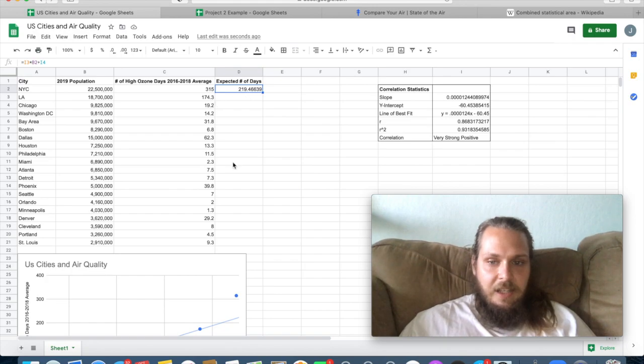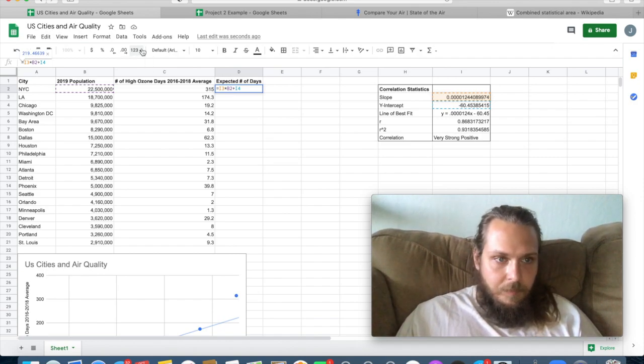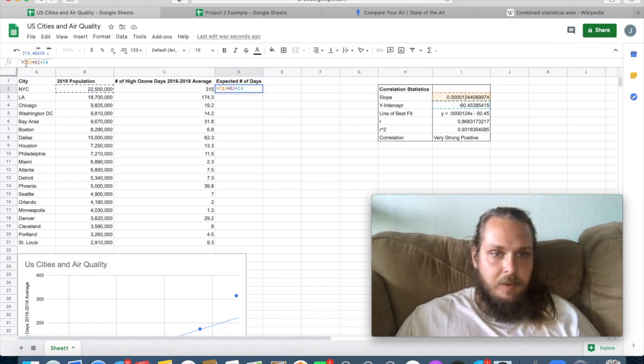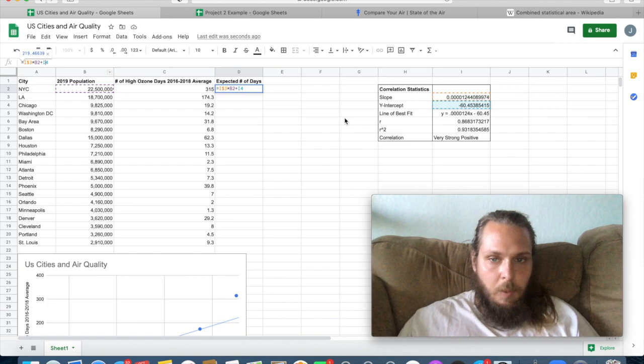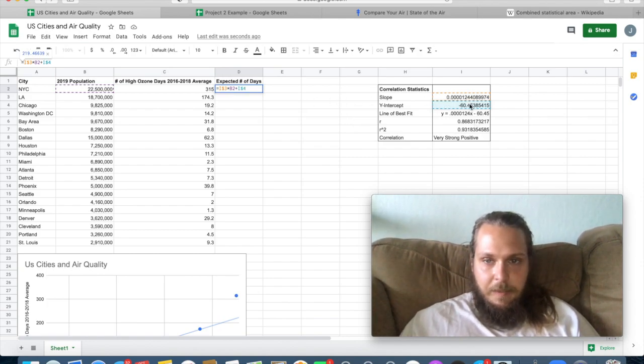But if I'm trying to create a general formula for this value, we know that the slope and the y-intercept are never going to change. So if you want a number in your equation to never change, put a $ sign in between the row, the letter and the number. So we want this number to stay the same, and we want this number to stay the same.